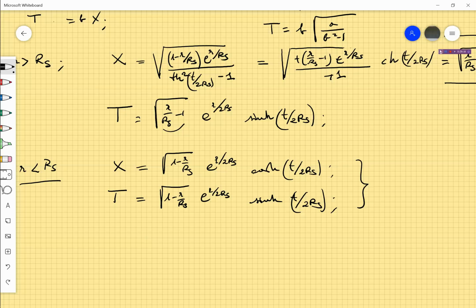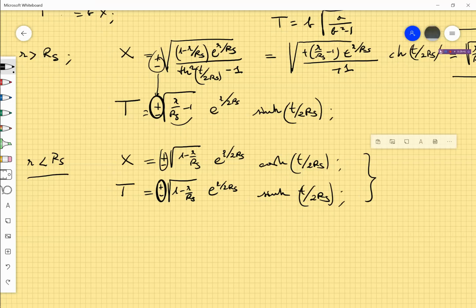But then there is also another thing, which is that these square roots have two different roots, positive and negative. Okay, you have to take the same in both places. So you have plus and minus, and plus and minus. Okay, this sign is the same as this, but they are unrelated in principle to these ones.